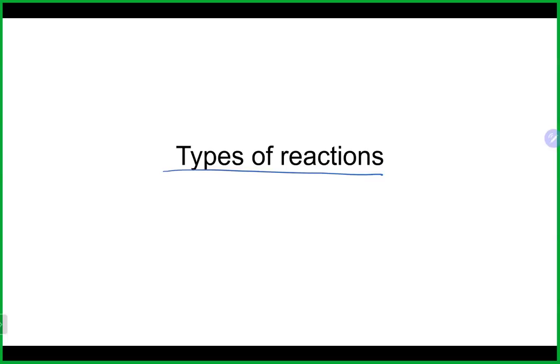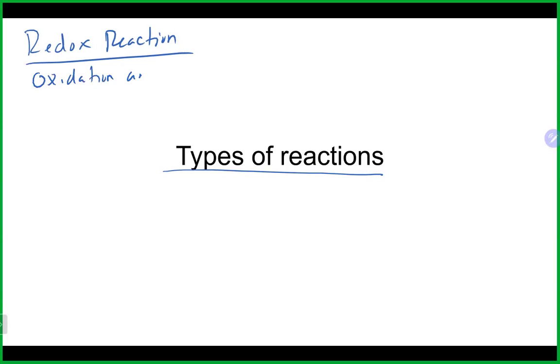But overall, when we talk about reactions, there's really 2 big categories of reactions that pretty much every single reaction falls under. And those 2 are a redox reaction. And a redox reaction involves an oxidation and reduction taking place, which we will talk about.